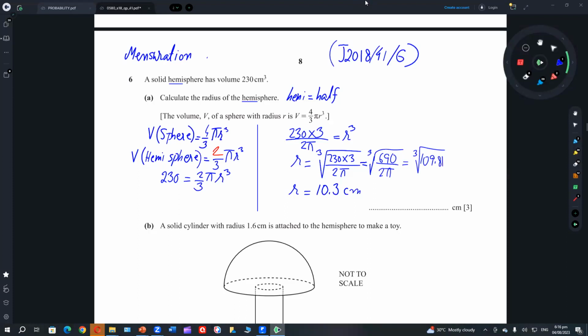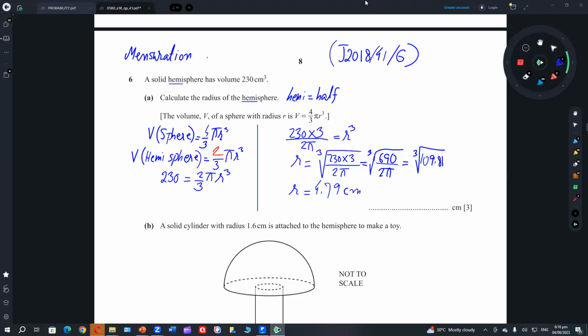Please copy this step. Now, we should see where you are making a mistake. We should identify the step. Are you getting 109.8?